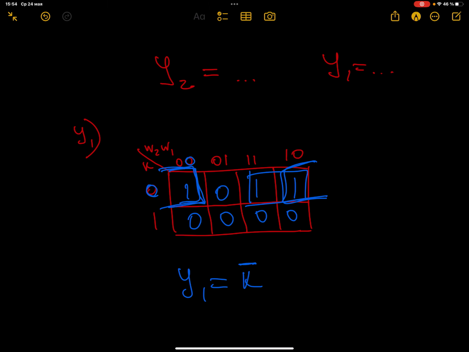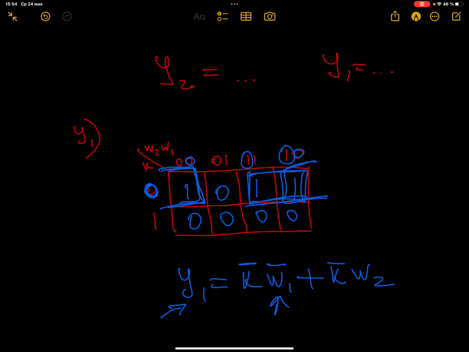W1 is the same, 0 0. So this is W1 bar, plus, and what about this one? This 2, again K bar, because we are at this row when K is 0, and we look that W2 is the same, 1 1, so W2. So this is the value of the big Y1. So this is the next state.